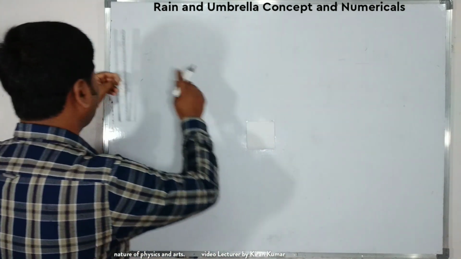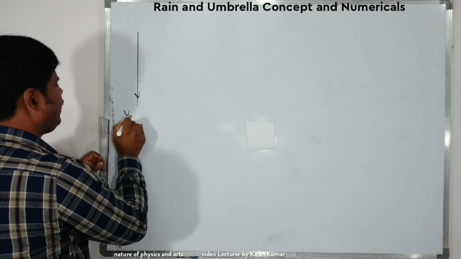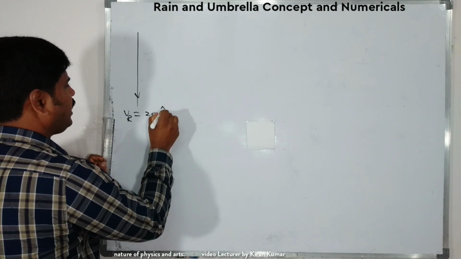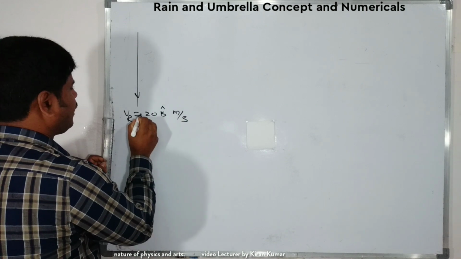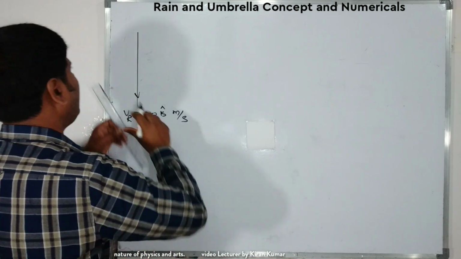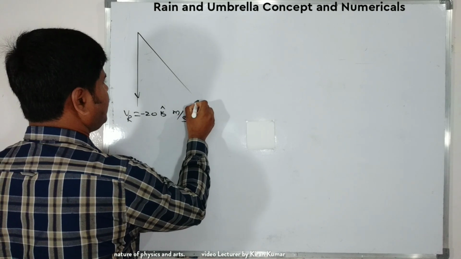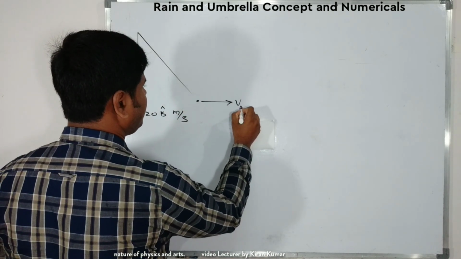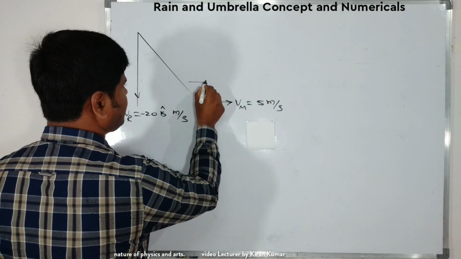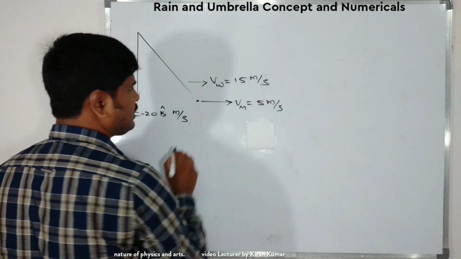According to this question, this is the velocity of the rain, which is equal to minus 20 k cap meter per second, minus 20 because of the negative z-axis. Next, this is the velocity of the man, which is equal to 5 meter per second, and the wind is also flowing, that is the velocity of wind, which is equal to 15 meter per second.